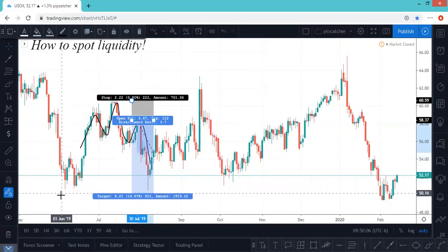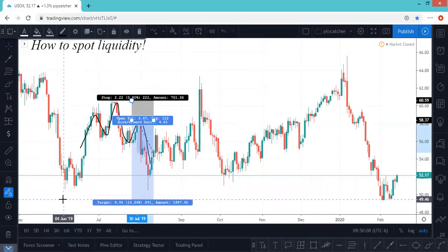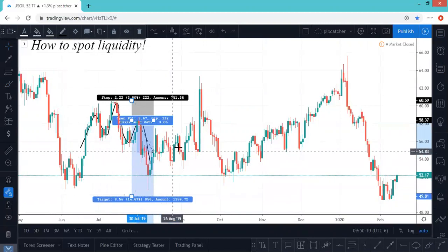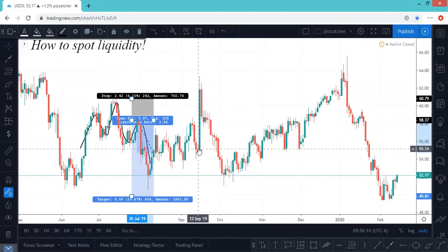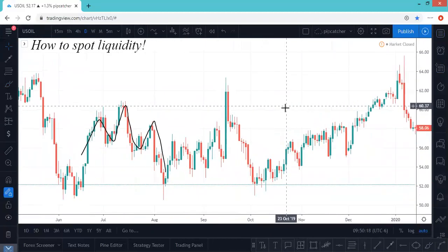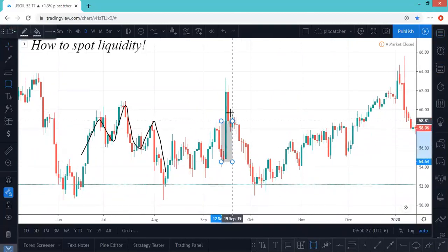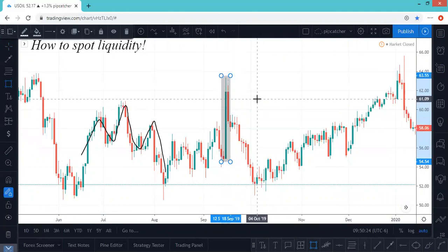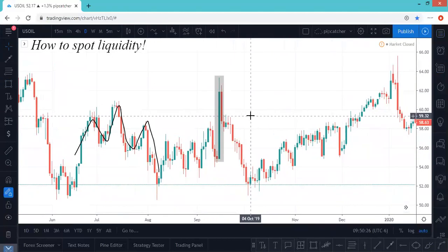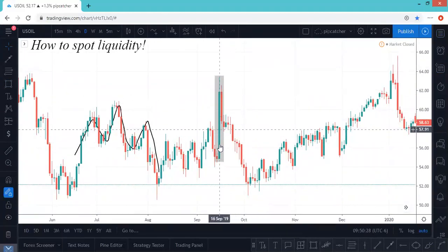But if they expect this to go any lower, then price would have come back on them. And you know this candle right here, as I said in the beginning, you can identify as maybe a liquidity grab, or a trap candle.